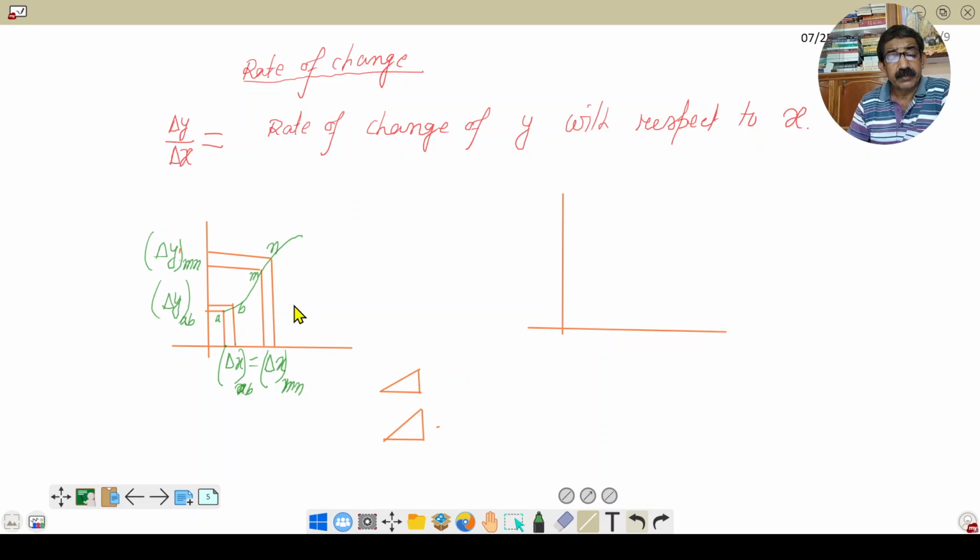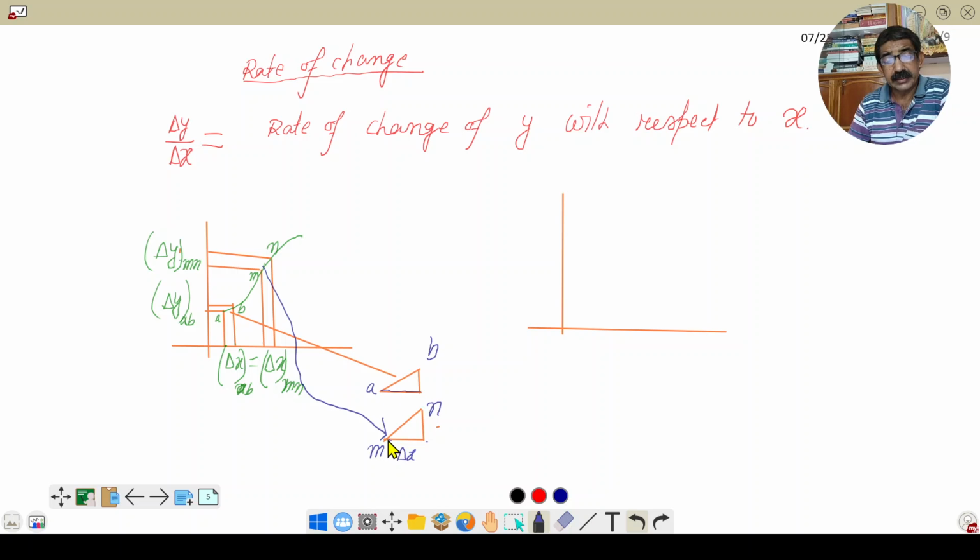This figure is for A and B, and this figure is for M and N. So this point is M, this point is N, this is A and B. Delta x for M and N and delta x for A and B are the same.